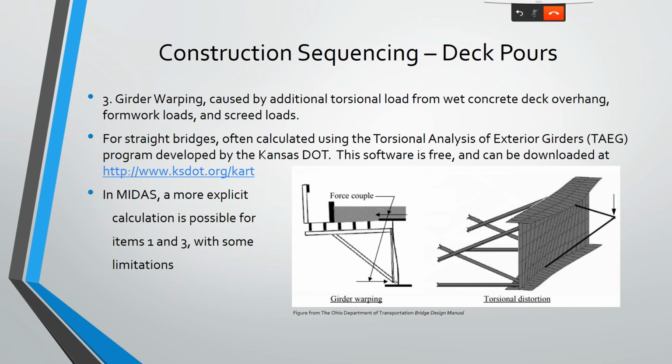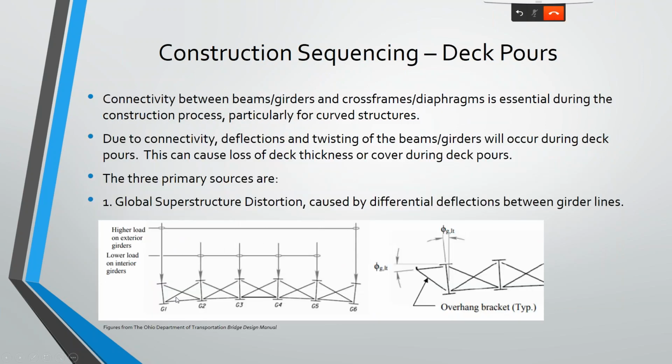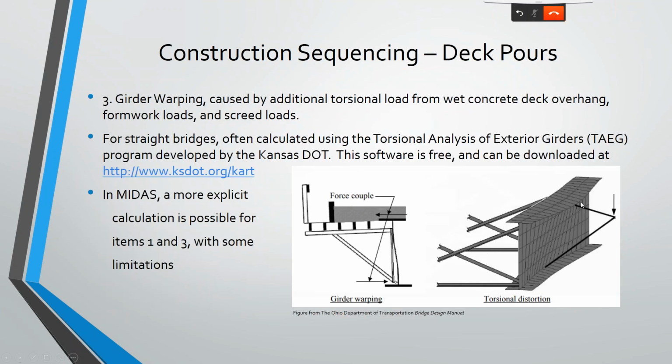In our case, though, we're using Midas to do this for cases 1 and 3. Basically, the girder warping from this and then the superstructure distortion, because we already have these. The deflections are in there in our model for this distortion, and the deflections and rotations are in there as well, as long as we add the loads for this case.